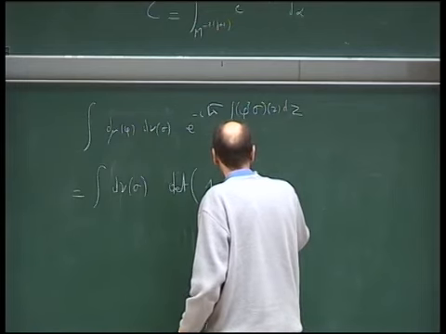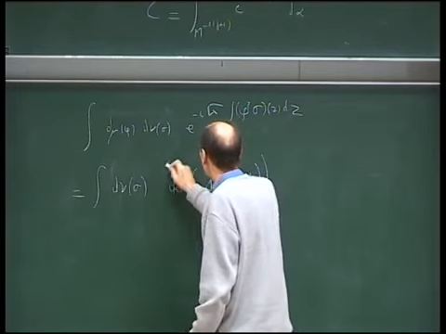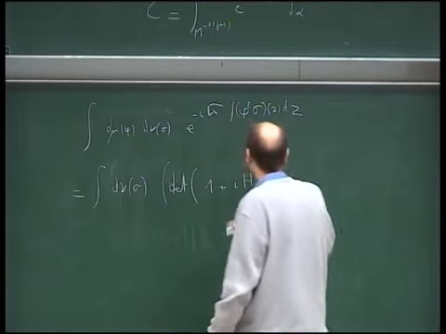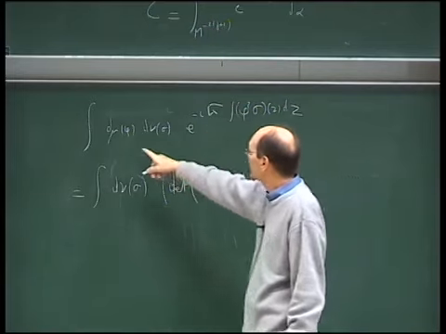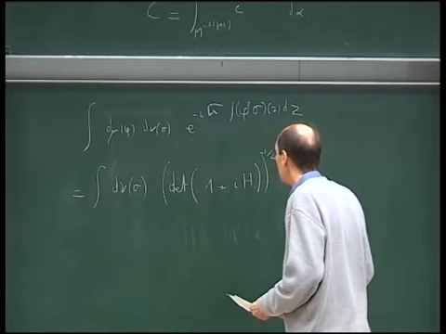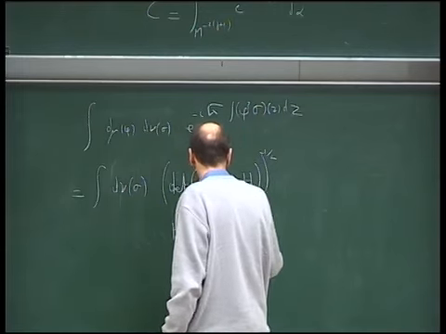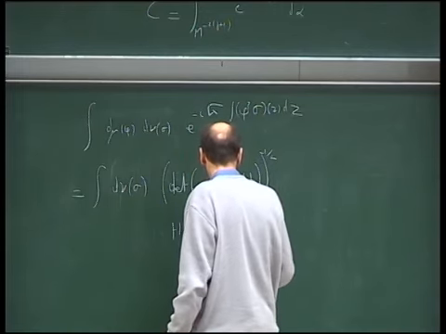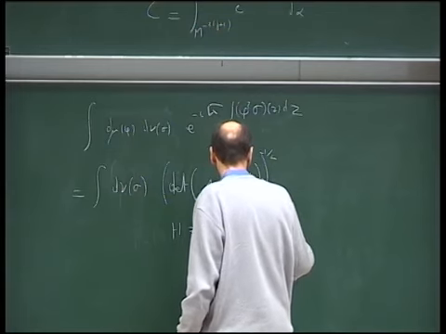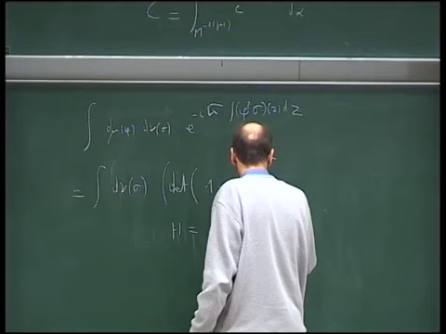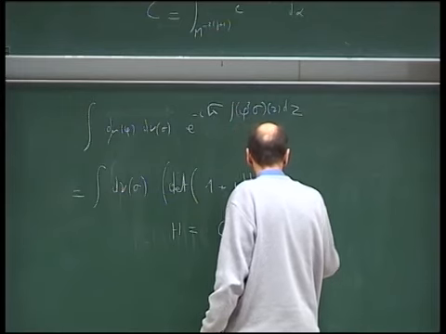iH to the power minus 1/2. There is a determinant to the power minus 1/2 because it's a bosonic integration. And the H is C1/2, here you have the square root of lambda sigma and C1/2.